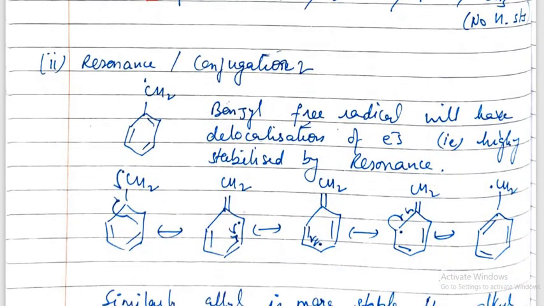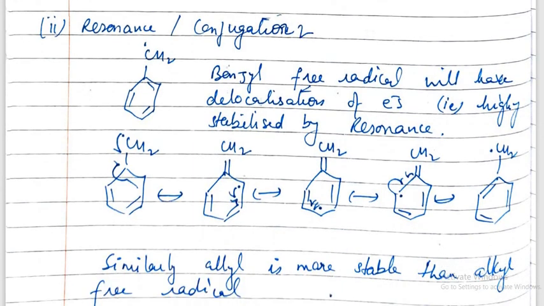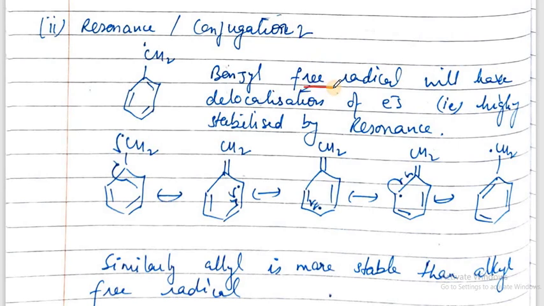So next is how resonance can also explain the stability of free radicals. In this, again, it is benzyl free radical, because now there is an odd electron present in it. Earlier there was a negative charge, so it was benzyl carbanion. So it is benzyl free radical because the carbon carries the odd electron. It is also highly stabilized by resonance, as we have seen in the case of carbanions. In that, two electrons moved; now single electrons move from here and from this.